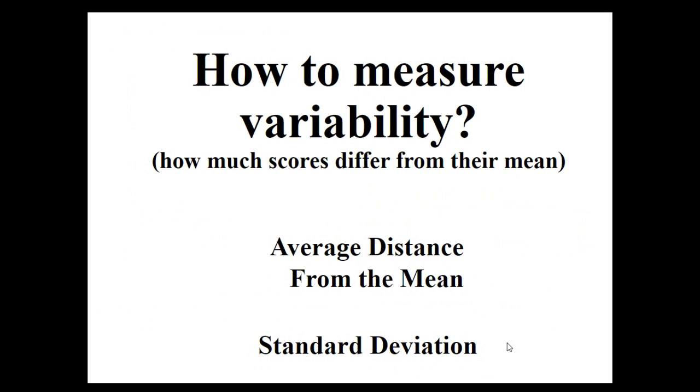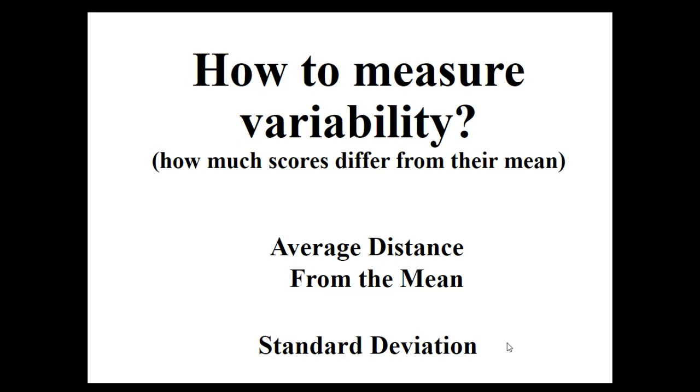And the first measure of variability we're going to study is the average distance from the mean. And the second measure we're going to use is the standard deviation. Now, in the last lecture, we discussed how the mean and median are different from each other, but both of them have a similar purpose: to identify the typical, central, or middle value in a group of scores.